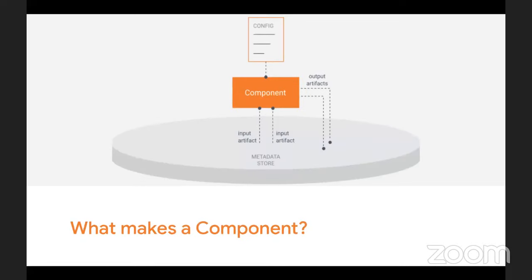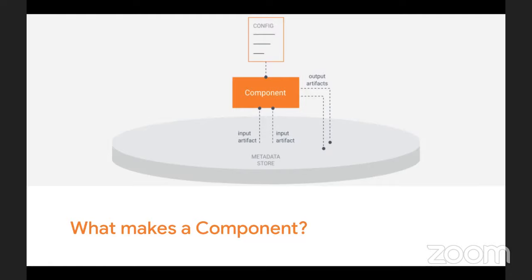So what is a component? Well, a component and the metadata store interact very closely, and there's a configuration that you set up for components. Many of them are completely configuration driven. But the input for a component comes from the metadata store, which we'll talk about in a little bit.